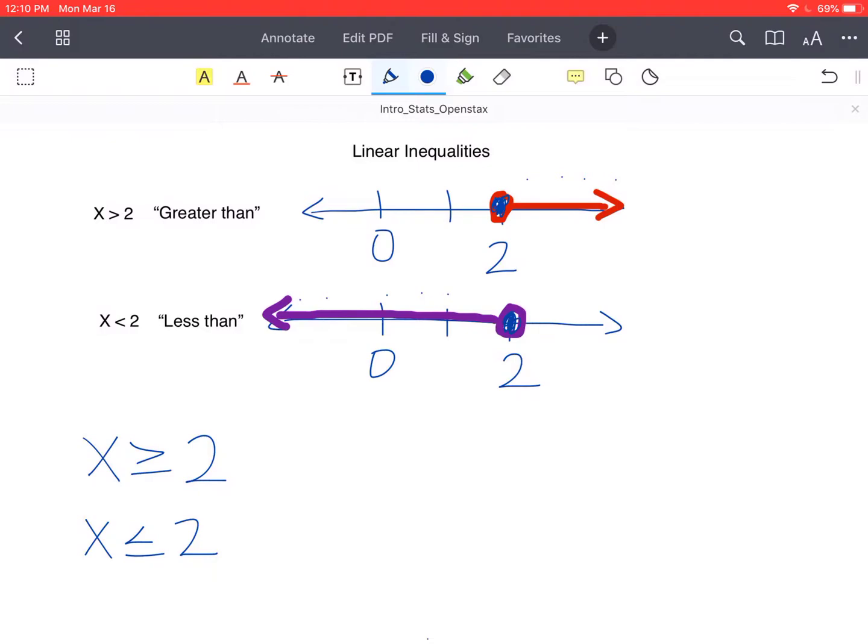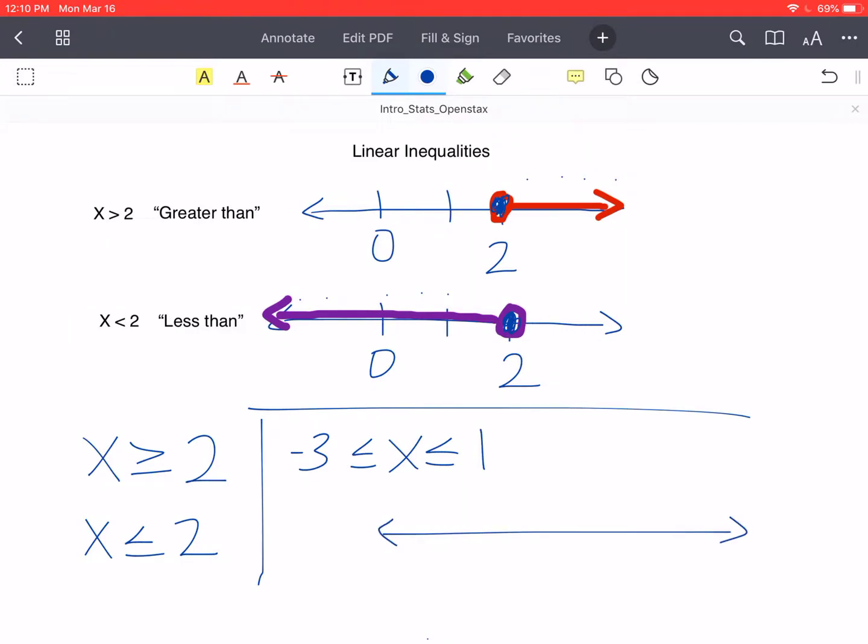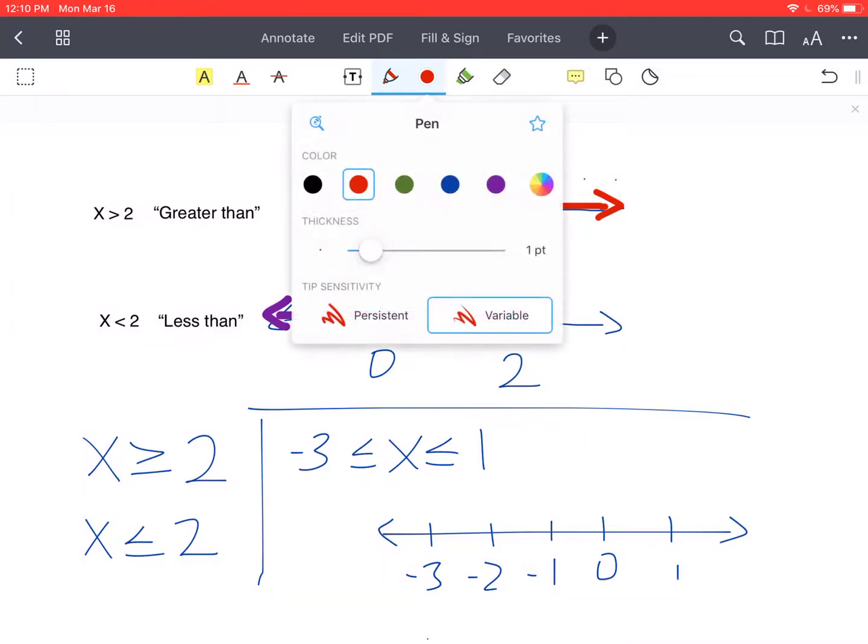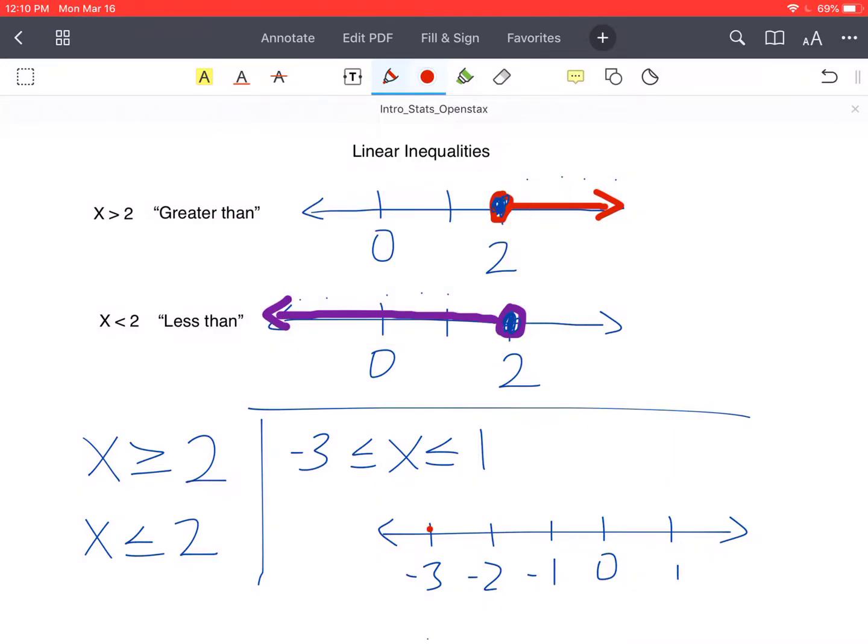So if we were to write something, for example, like x between -3 and 1, then on our number line, there's 0, 1, -3, -2, -1. This means inclusive of -3 and inclusive of 1.